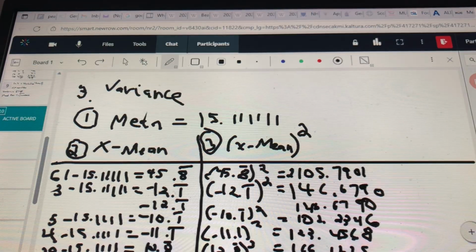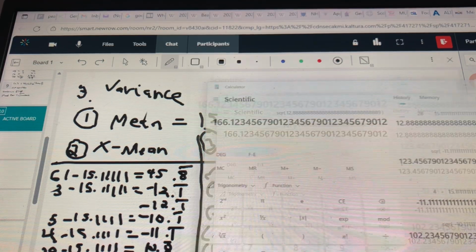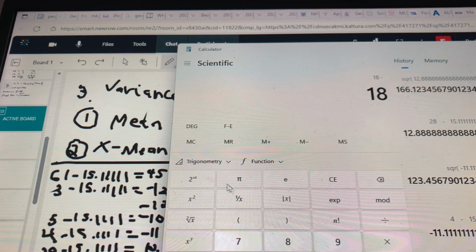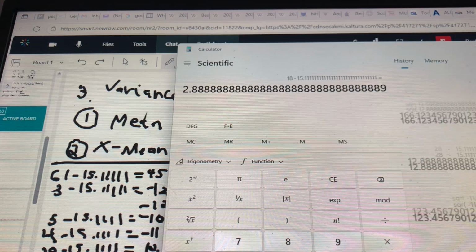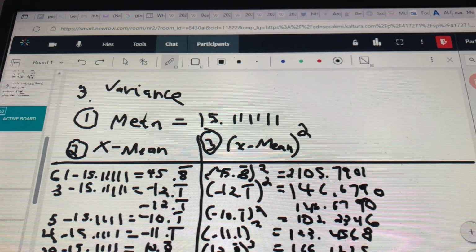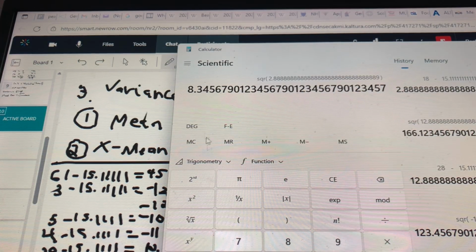18 is the next one, and then there's 2 7s after that, so at least those repeat. 18 minus memory recall is 2.8 repeating. 2.8 squared, 8.3457.